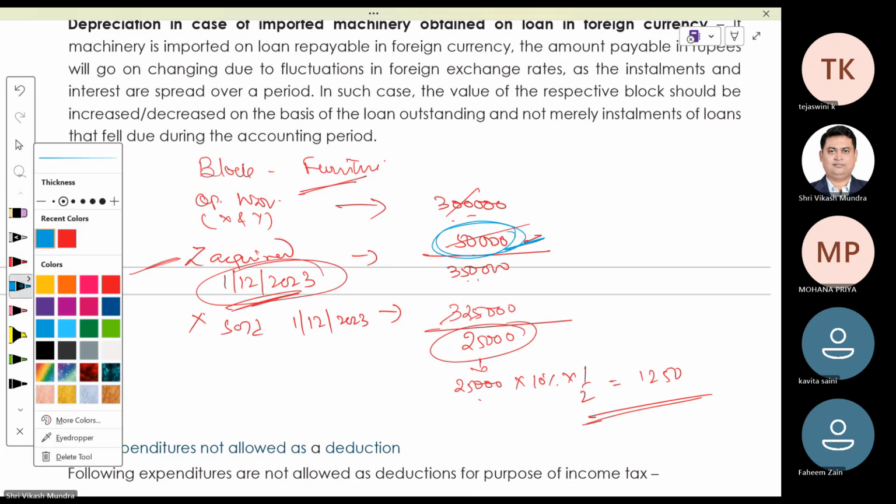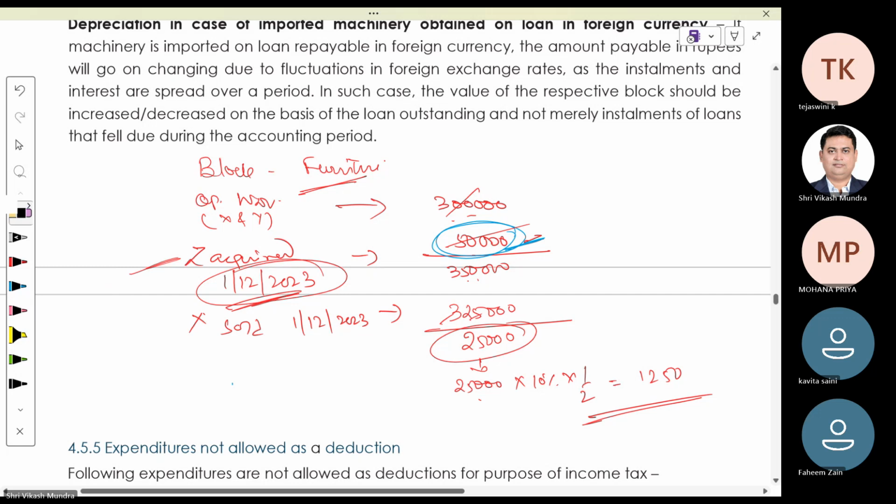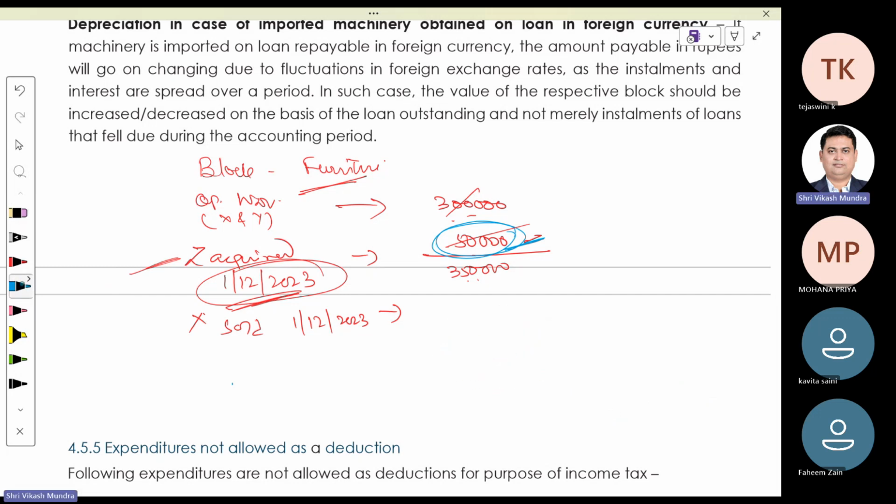Last one. If furniture X was sold for rupees, say, 4 lakh, in this situation, what happened?